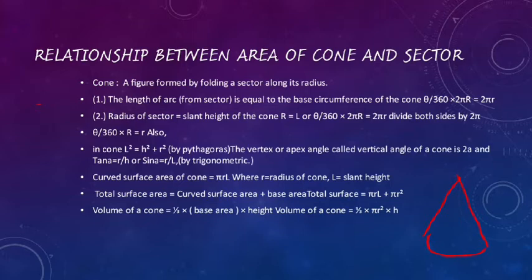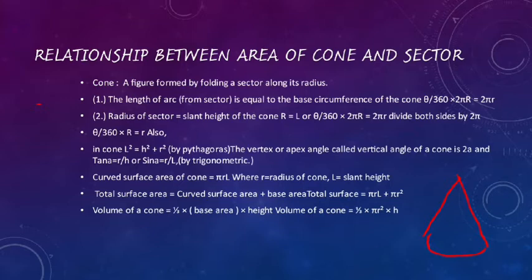Remember that the curved surface area of a cone is given as pi RL, where R is the radius of the base of the cone and L is the slant height of the cone. Total surface area of the cone will now equal the curved surface area, which is the pi RL that I just mentioned, plus the area of the base, which is pi r square.